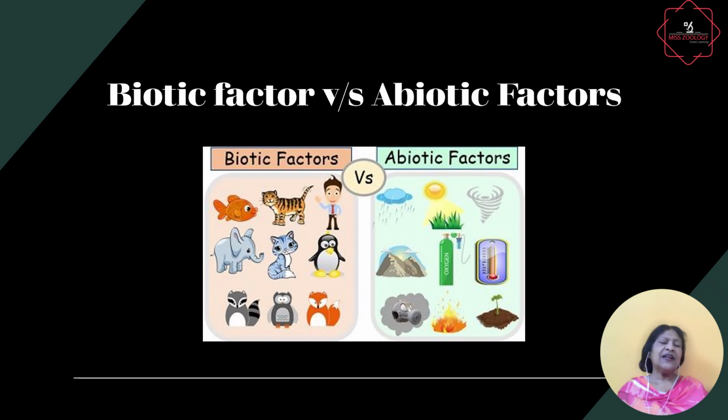So biotic factors include not only plants and animals, but they also include microorganisms like Monera, Protista, as well as the fungi. Whereas in the abiotic factors, since we have the non-living environment, which includes the sunlight, temperature, air, water, and the soil.